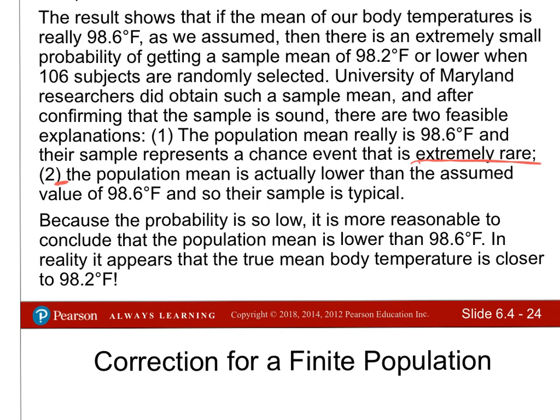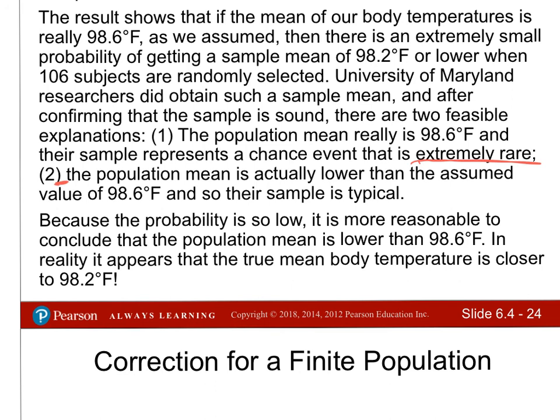That is, the mean of the population they were working with is actually lower than 98.6. In reality, it appears that the mean is closer to 98.2. So that's what we're able to do. Because we're able to find the probability of getting a mean of a certain value, we can now answer these kinds of questions.